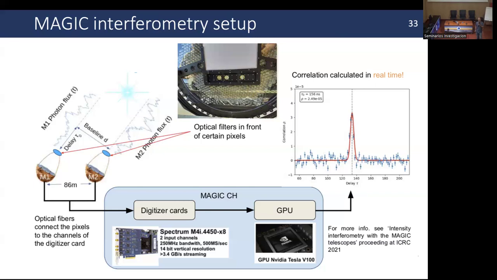Okay, the problem is our pixels. They have a field of view. Each individual photodetector has a field of view that is very nice for Cherenkov astronomy, but is not good for this kind of astronomy because it's 6 arc-minutes.